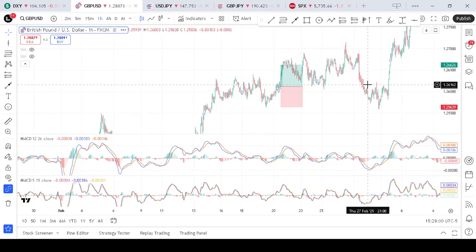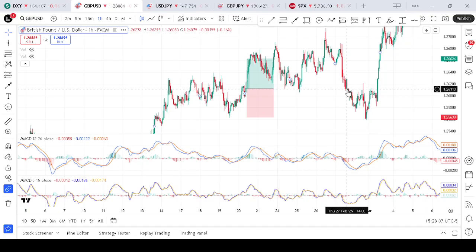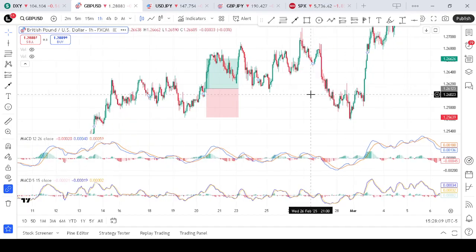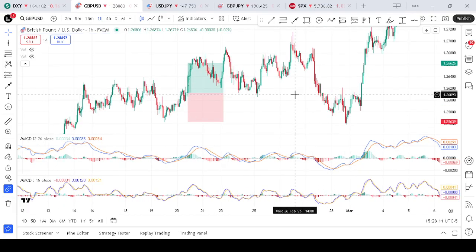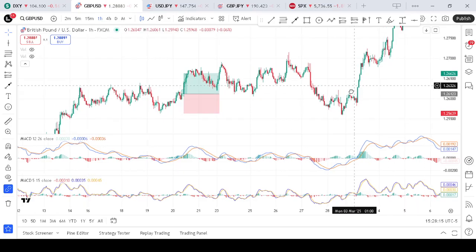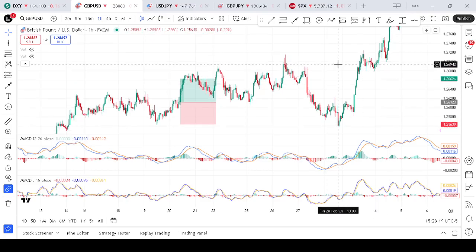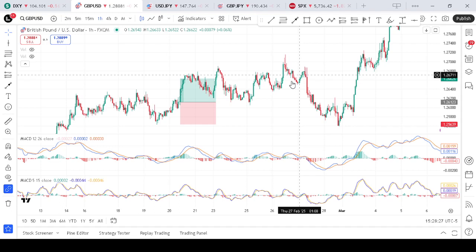Now we have to optimize based on the market condition. The double MACD strategy can be adapted based on market condition or specific currency pairs. In more volatile markets, consider shortening the period of both MACDs to capture quicker moves.